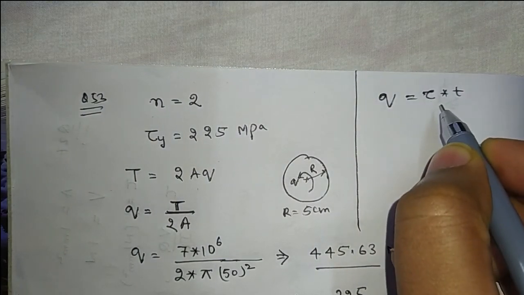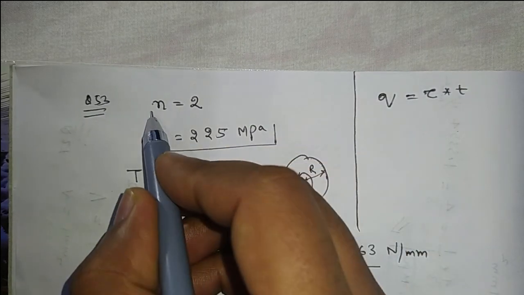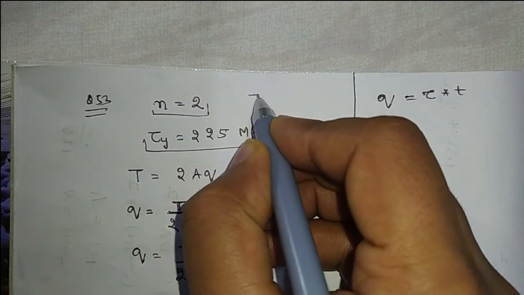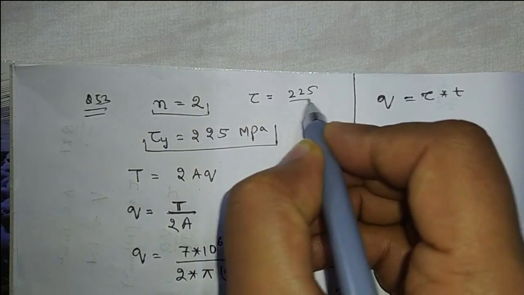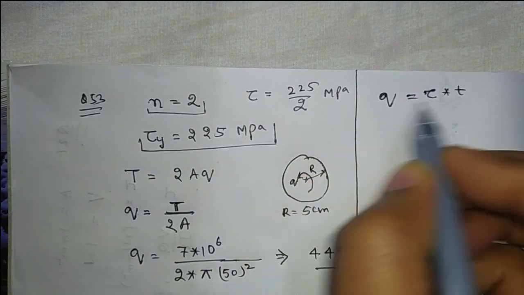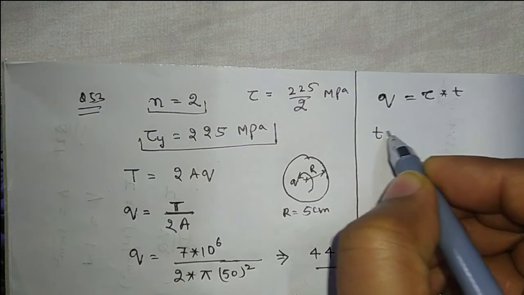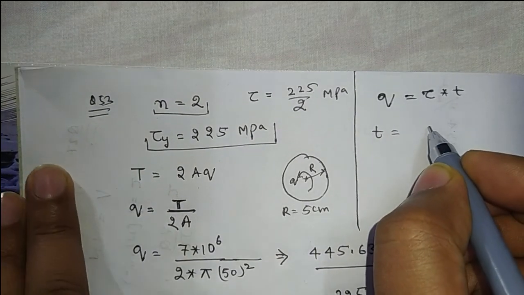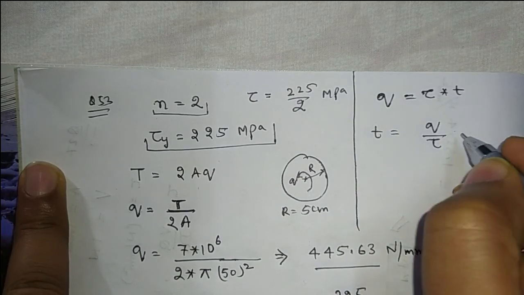and the shear flow is given by tau multiplied by t. Tau is the shear stress, this is the yield stress, and this is the safety factor. Then the safe shear stress will be 225 divided by 2 megapascal. We have to use this value here, so the thickness will be equal to Q divided by tau.